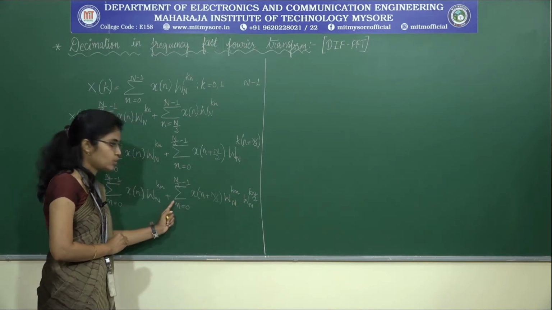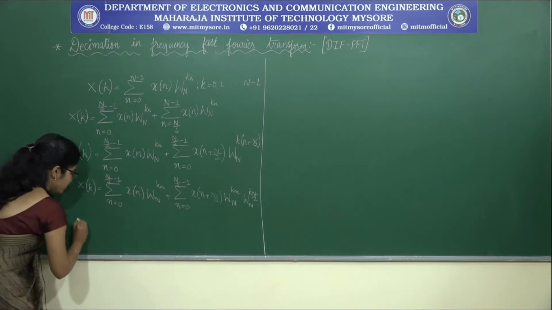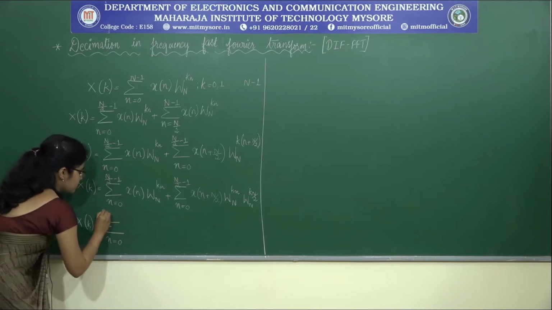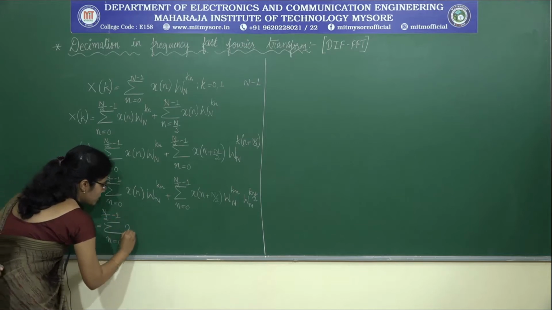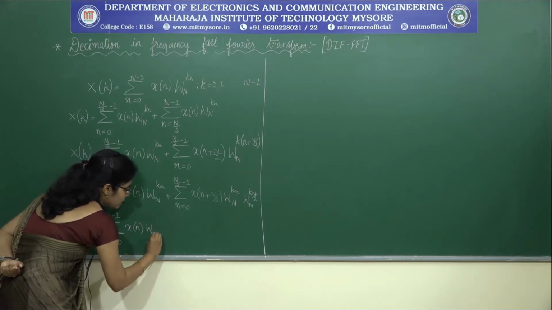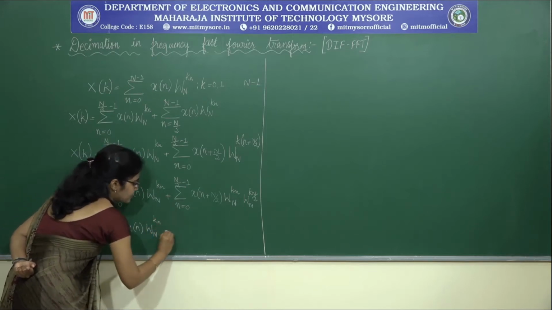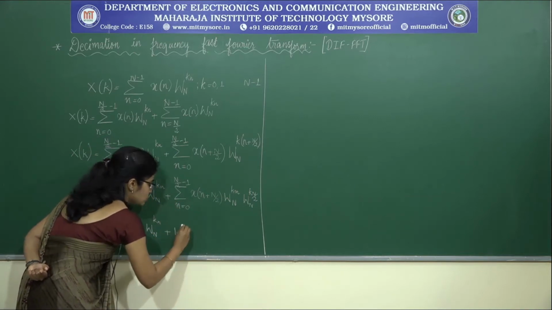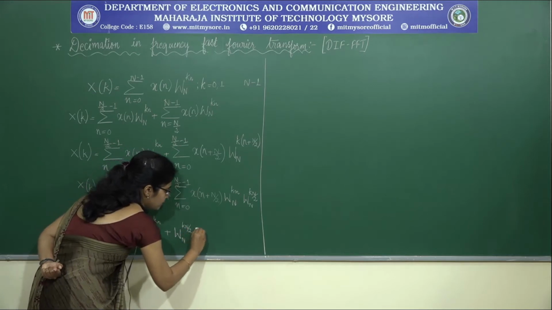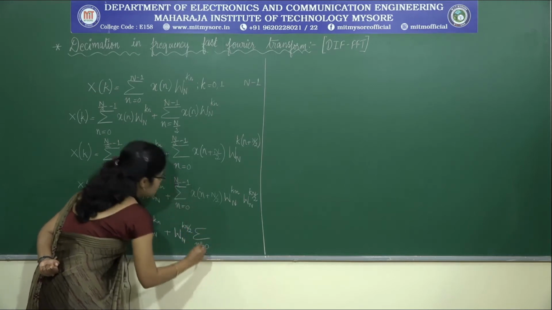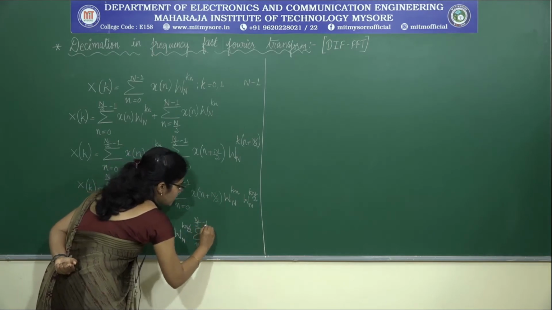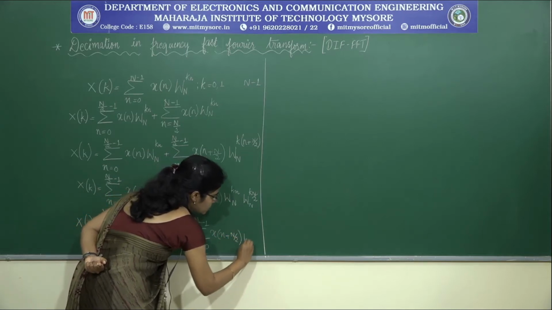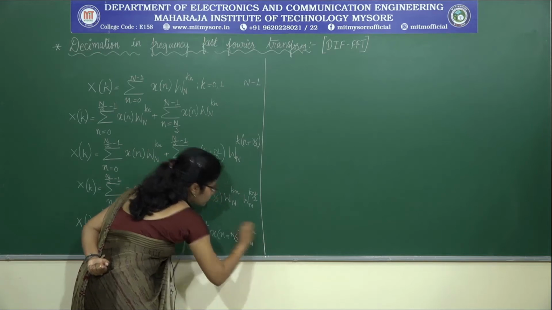So let me move this twiddle factor term outside the second summation. If we move that outside, the equation will be summation n ranges from 0 to N by 2 minus 1 x of n omega N to the power of kn, plus omega N to the power of kN by 2 into summation n ranges from 0 to N by 2 minus 1 x of n plus N by 2 into omega N to the power of kn.